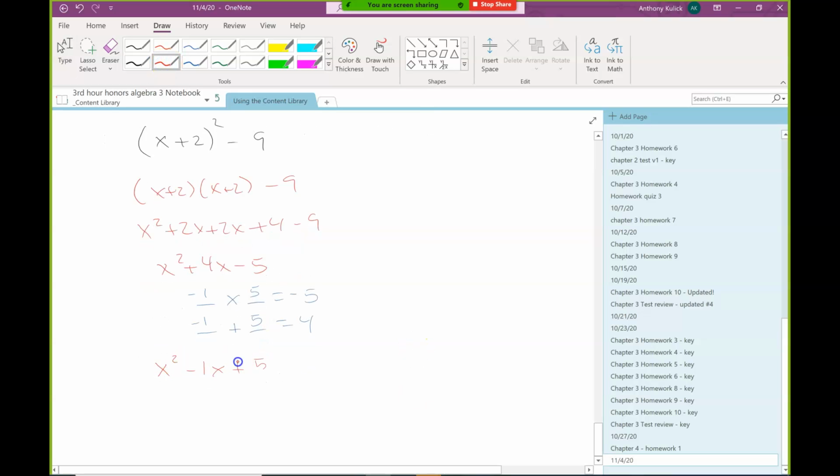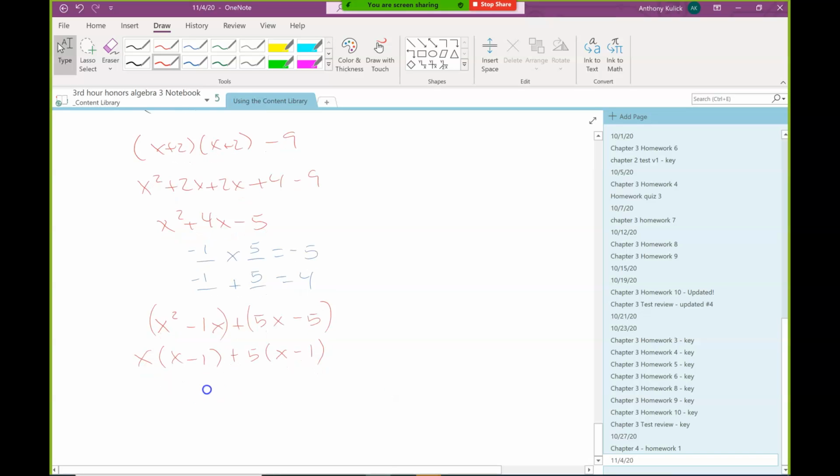I can take an x from the first group and a 5 from the other group. And that'll give me x minus 1 times x plus 5. Everybody okay there?